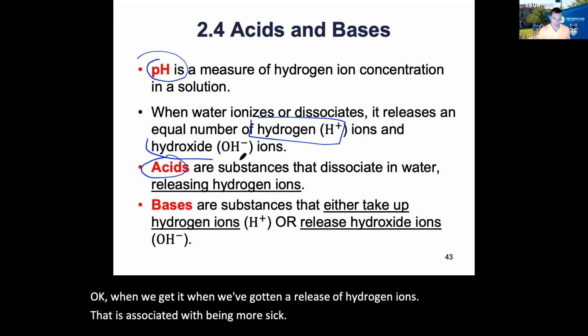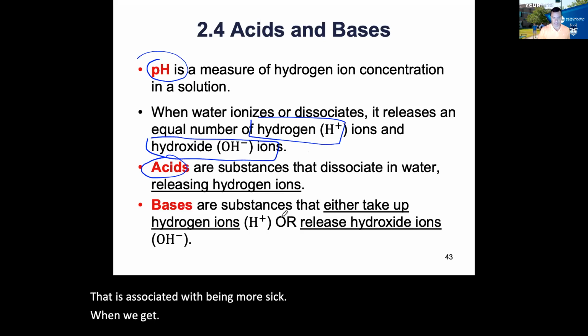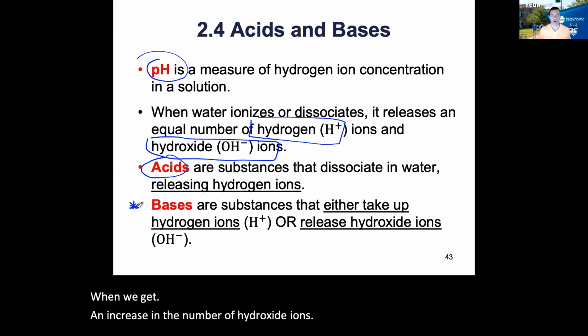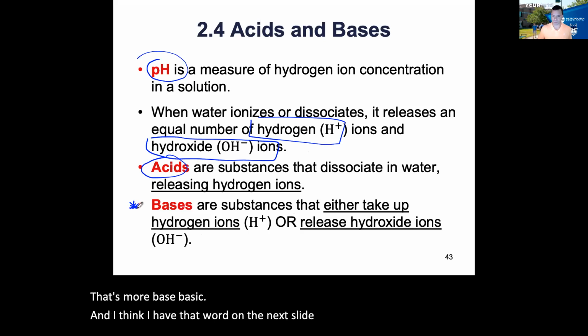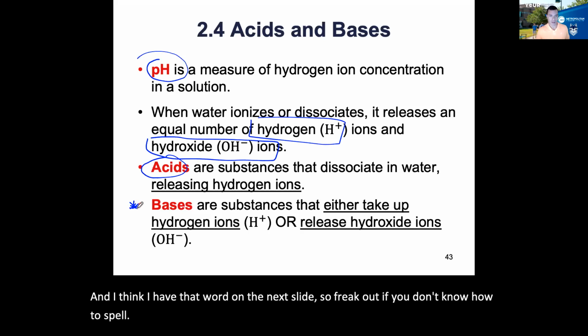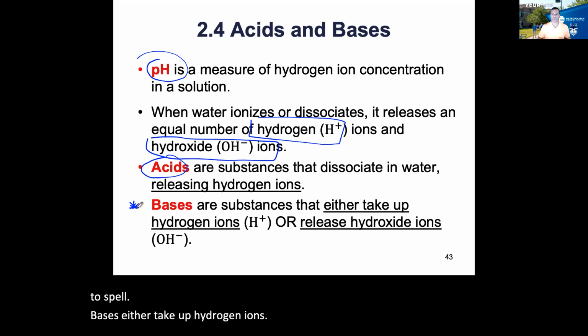When we get an increase in the number of hydroxide ions, okay, that's more basic, alkaline. And I think I have that word on the next slide, so don't freak out if you don't know how to spell it. Okay. Bases either take up hydrogen ions, okay, or they release hydroxide ions.